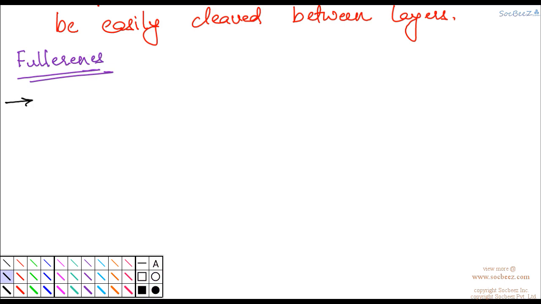So graphite and diamond exist in natural form, but fullerenes are man-made compounds, you can say.